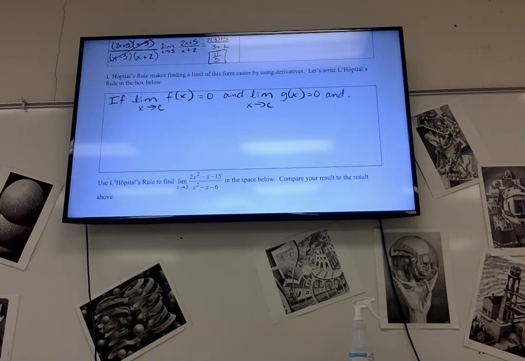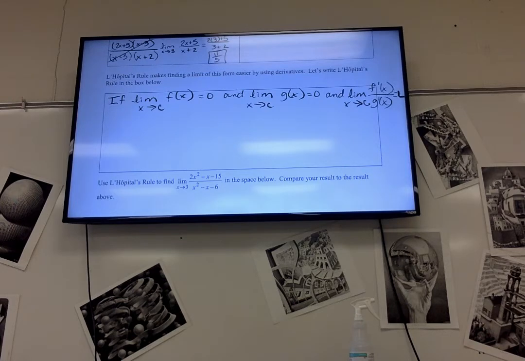And the limit as x approaches c of f prime of x over g prime of x. G is a different function.